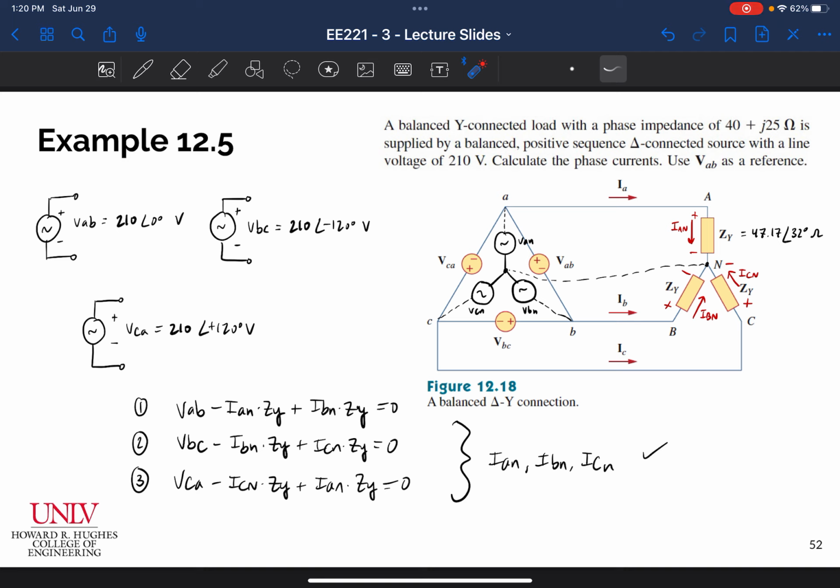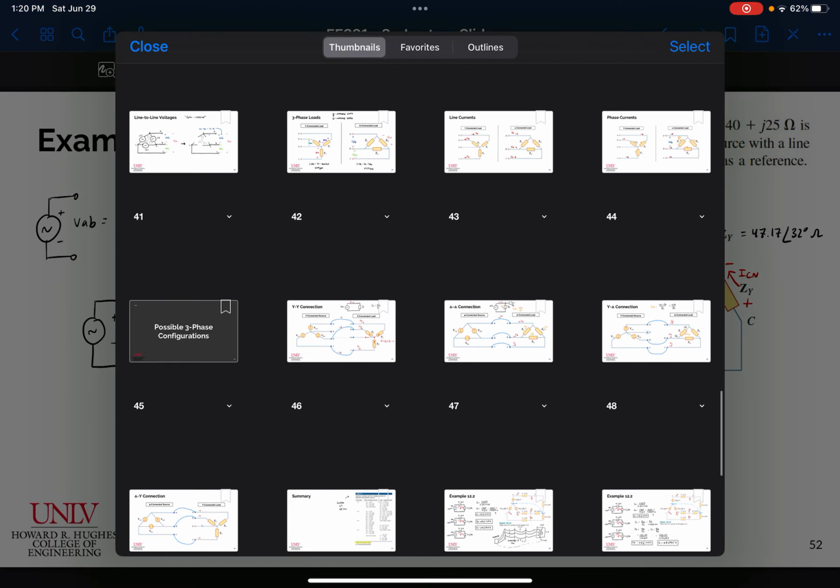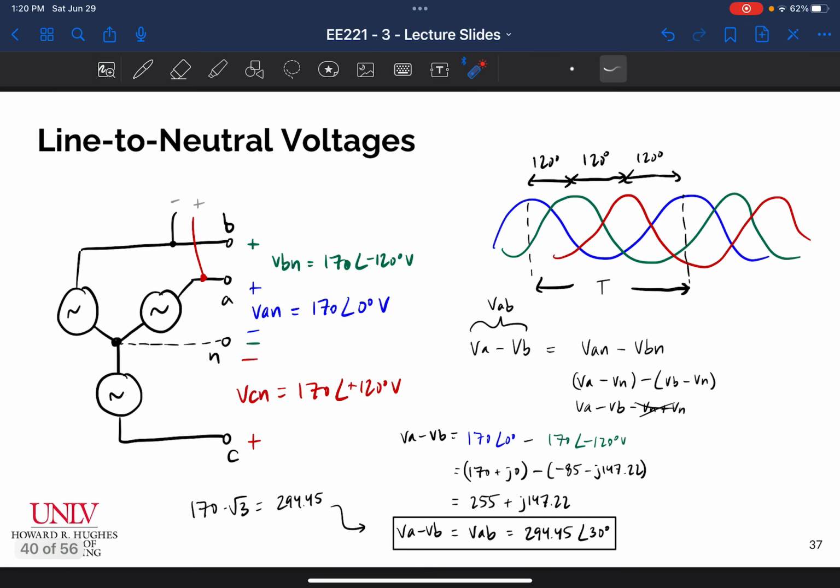The other way of solving this problem is to create an equivalent Y-connected source from our delta-connected source. Remember when we first talked about line to neutral voltages, I showed that if we take the voltage from the A or the B or the C to the neutral, we get one particular amplitude, right? 170 volts in this case, but we could just call it VP.